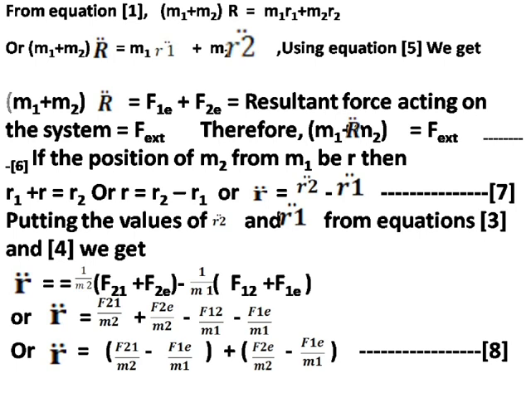Using equation 5, we get (m1 plus m2) R double dot is equal to F1e plus F2e, or (m1 plus m2) R double dot is equal to F external. This is also equal to the resultant force acting on the system, where F external is equal to F1e plus F2e.